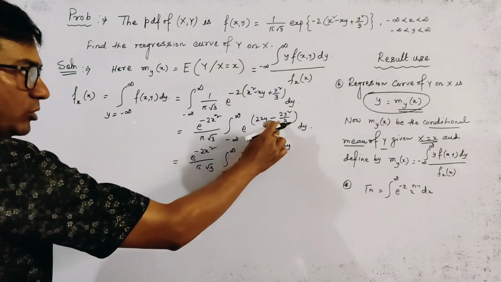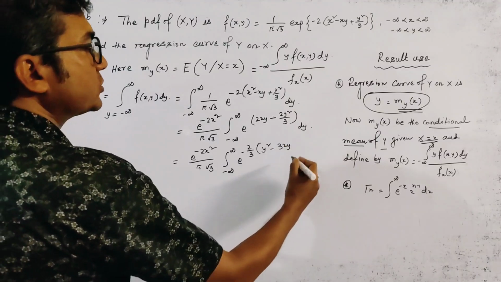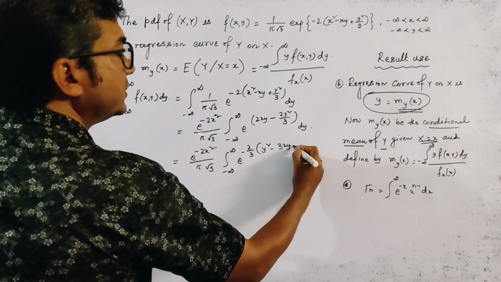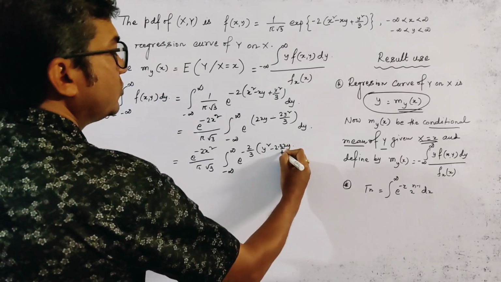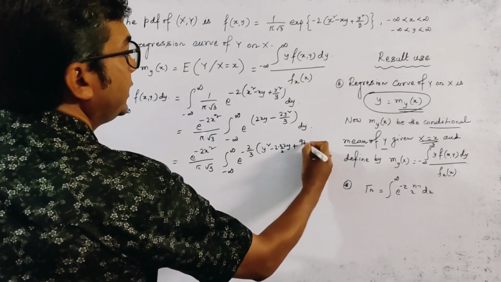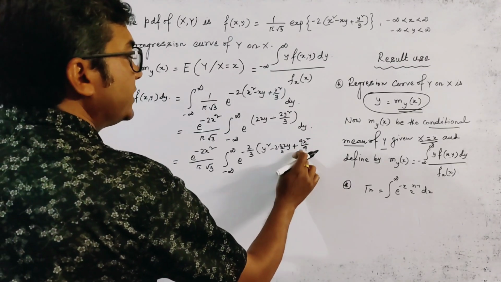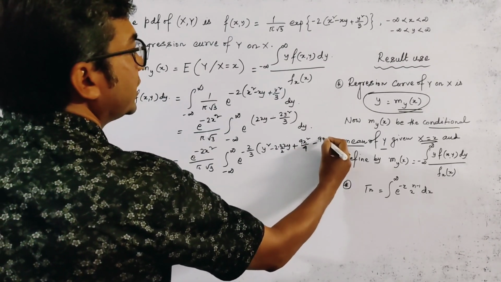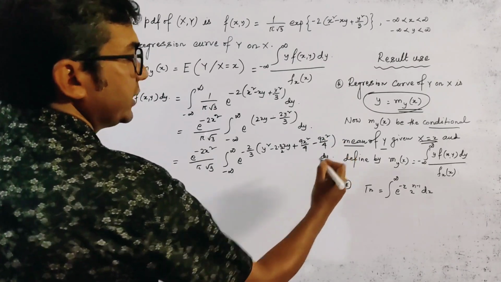Okay, we take common 2 by 3 from here, and to make it a perfect square, we add the term 9x square by 4, and to balance it, we subtract 9x square by 4, dy.